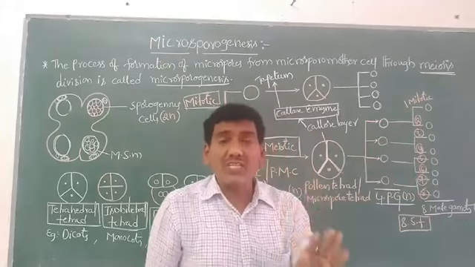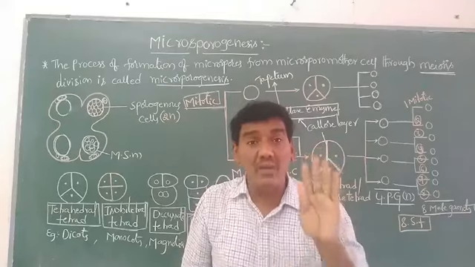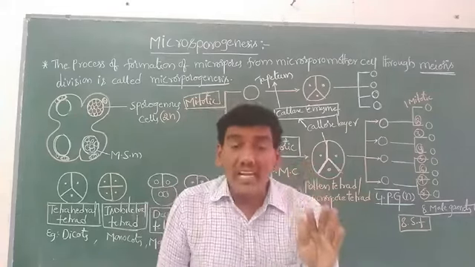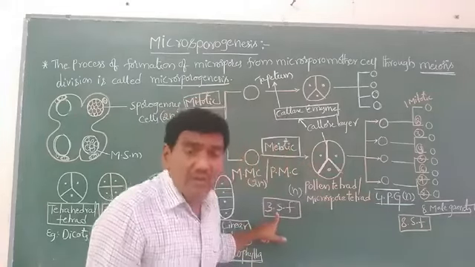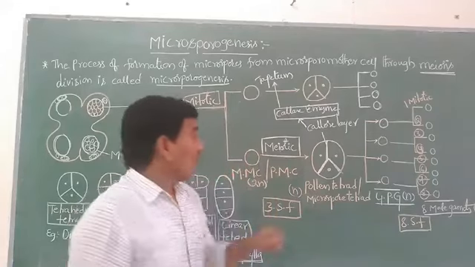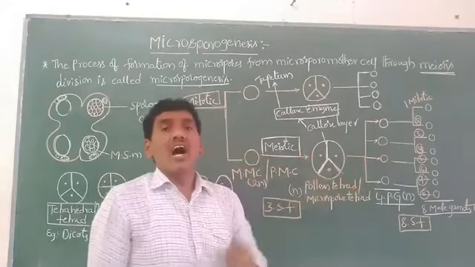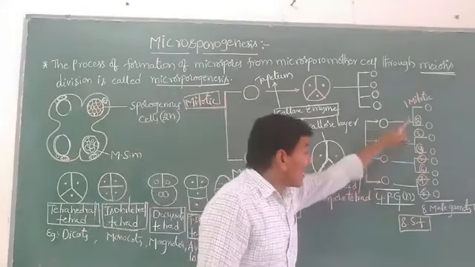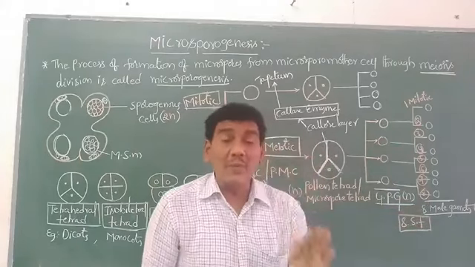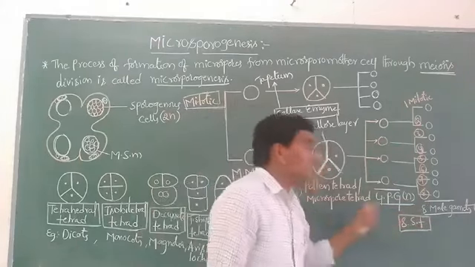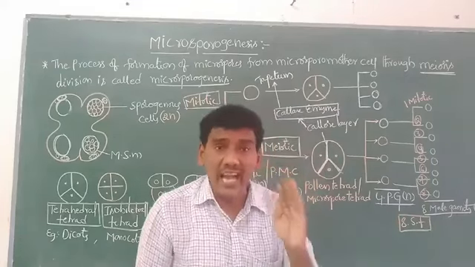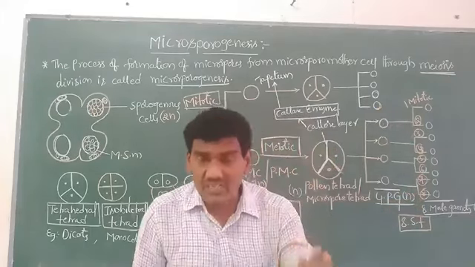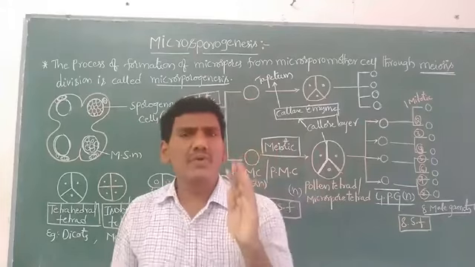For the formation of the four pollen grains, how many meiotic divisions are involved? One. For the formation of the eight male gametes, how many mitotic divisions are involved? Eight mitotic divisions. This is a very important concept.